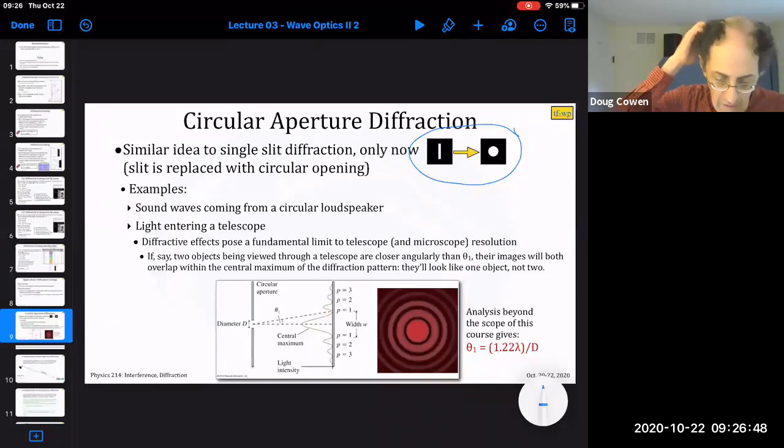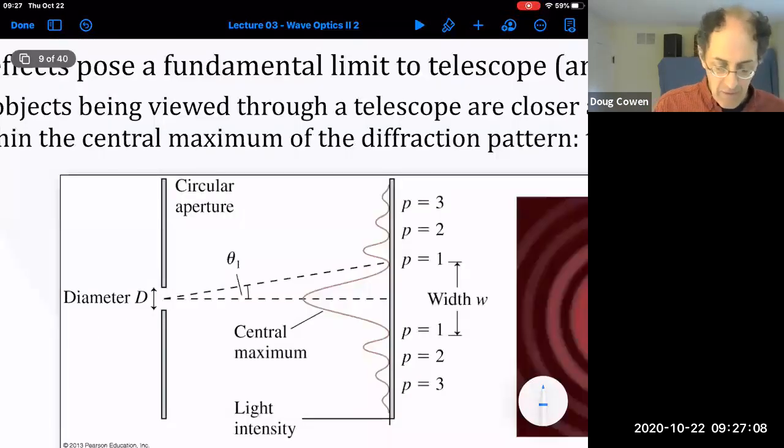So if 2 objects that you're looking at through a telescope or through a microscope are closer in angle than some value θ1, then their images will both overlap in the central maximum of the diffraction pattern, and they'll be indistinguishable. That's shown here, just to remind you. You can't really tell this is a circular aperture.